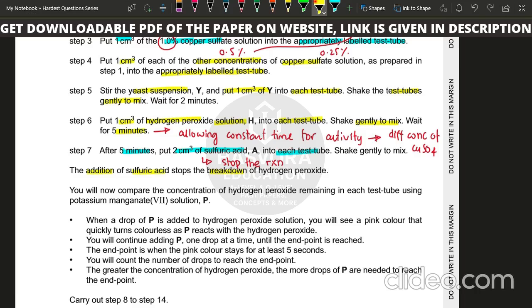Okay, so now the examiner is also telling you that the addition of sulfuric acid stops the breakdown of hydrogen peroxide. Now you will compare the concentration of hydrogen peroxide remaining in each test tube using potassium permanganate solution.